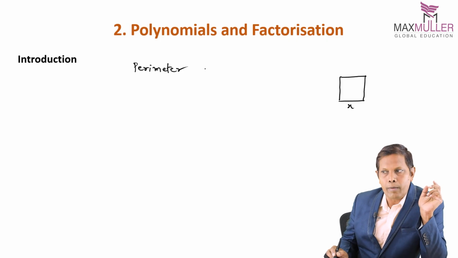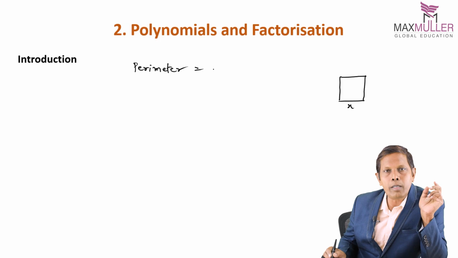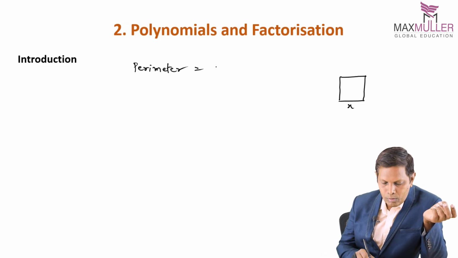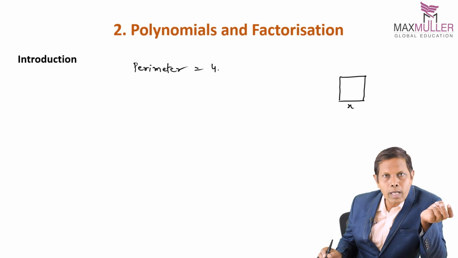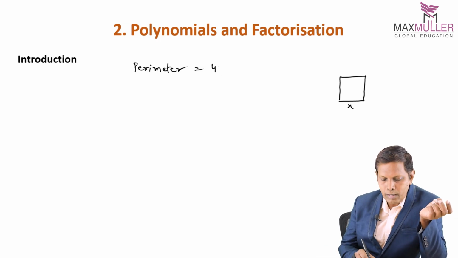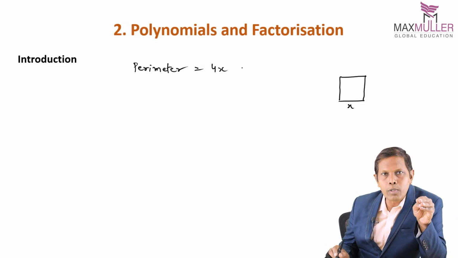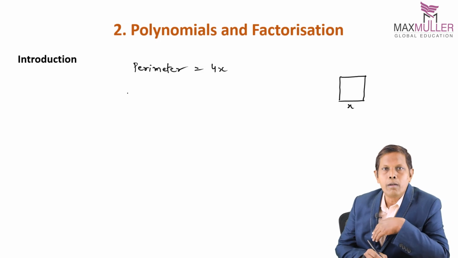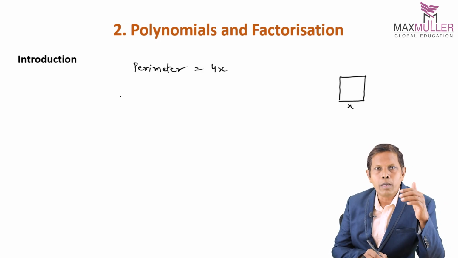Perimeter is nothing but 4 times its side. So 4 into side, that is 4x.